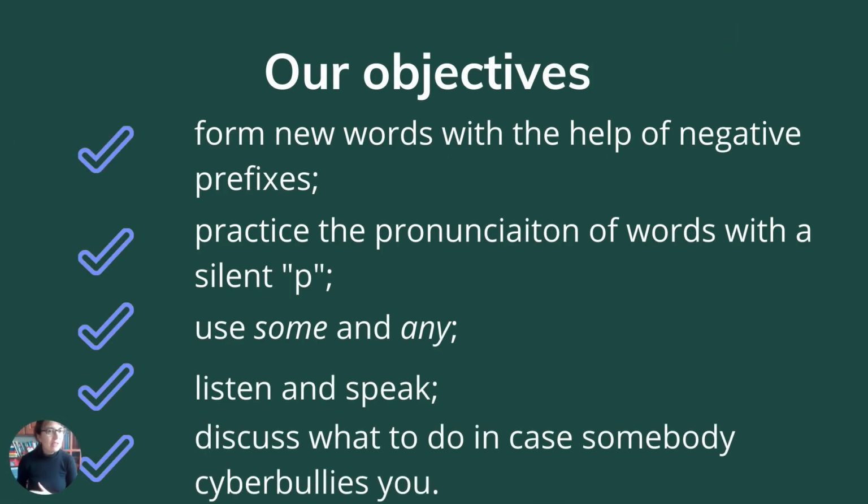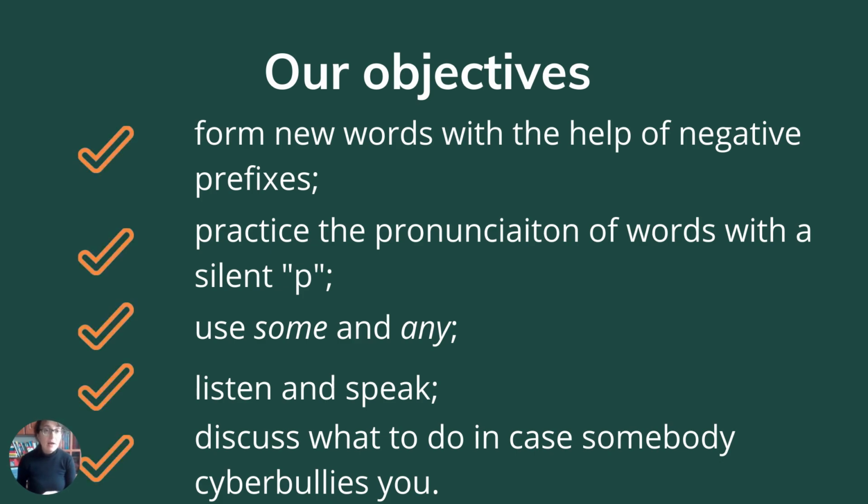Okay, now let's see if we have managed to achieve the set objectives. So we indeed formed new words with the help of negative prefixes. We practiced the pronunciation of words with a silent P in them. Also, we've practiced the use of some and any.